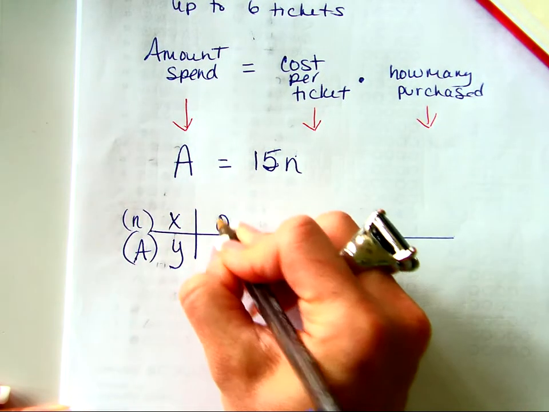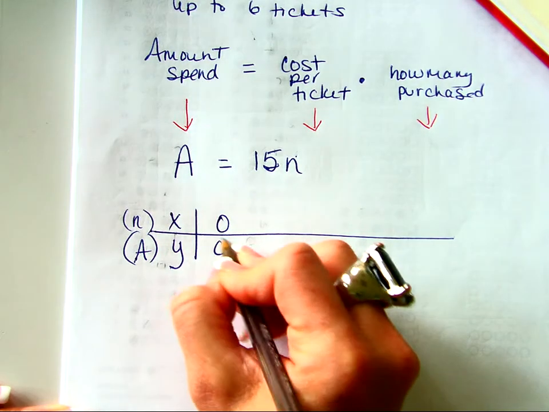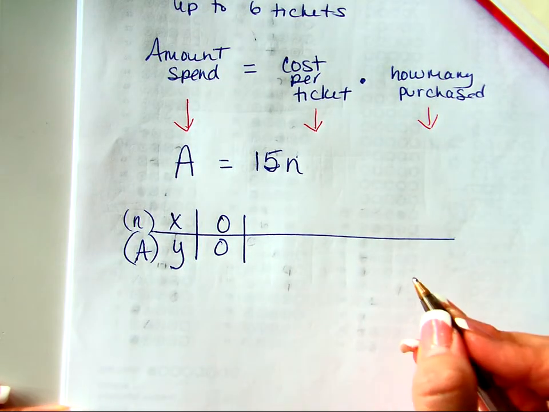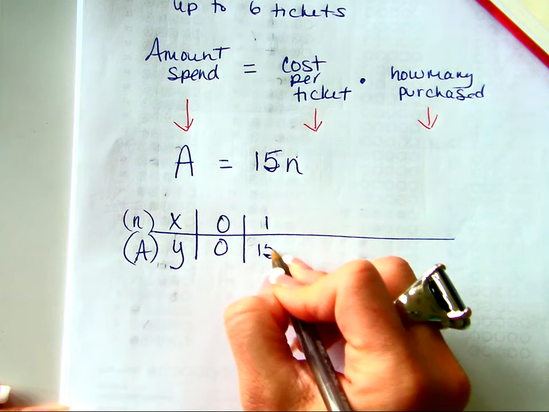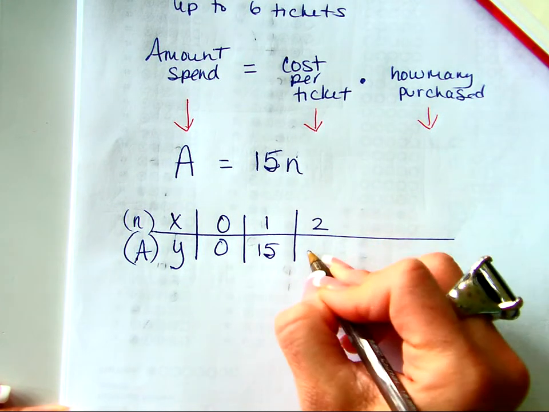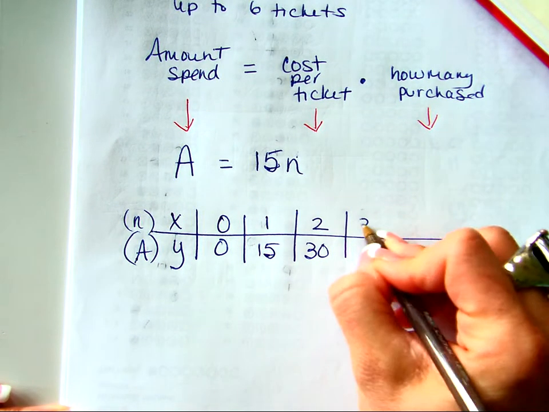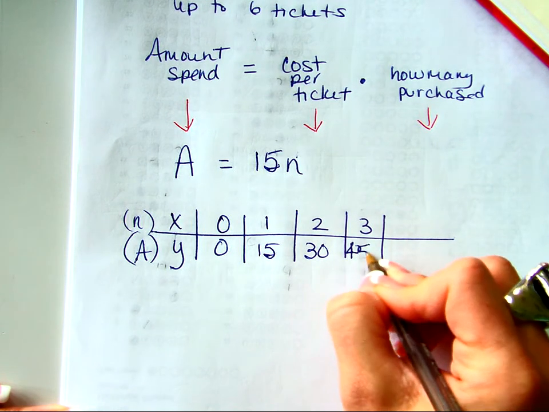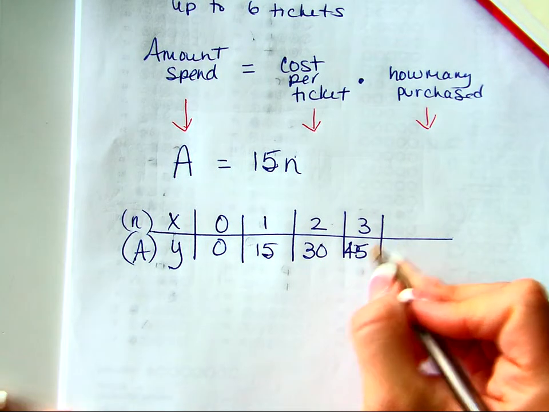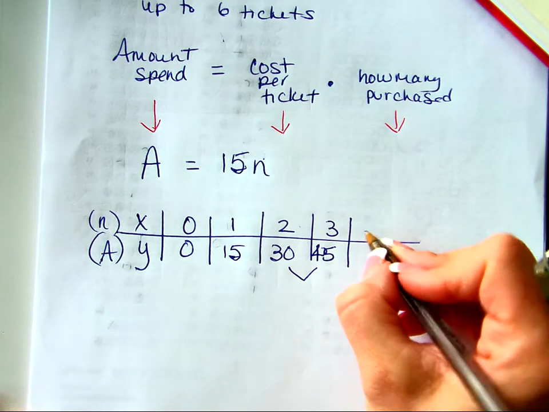So if you buy 0 tickets, you don't owe them anything. If you buy 1 ticket, you owe them 15. If you buy 2 tickets, 30, and your rate of change is 15, which means that for every 1 ticket you purchase, your cost goes up $15.